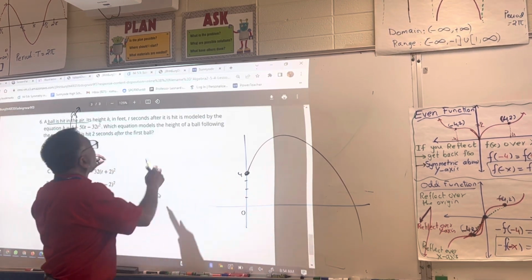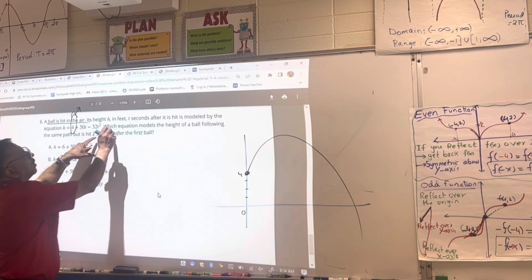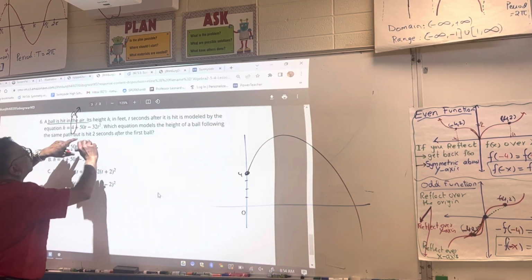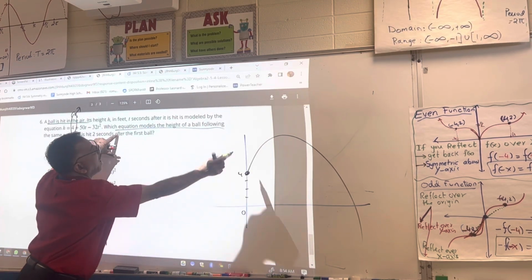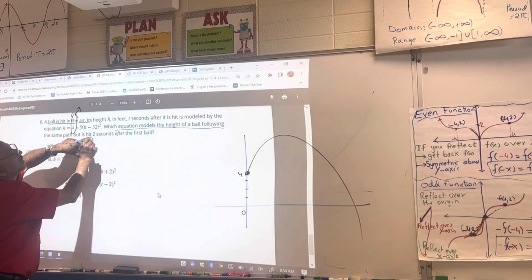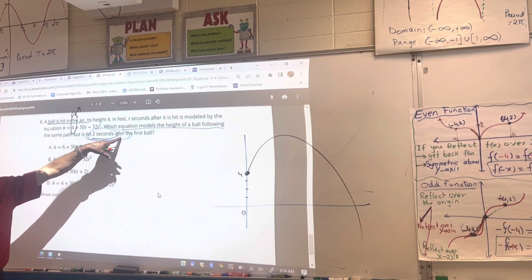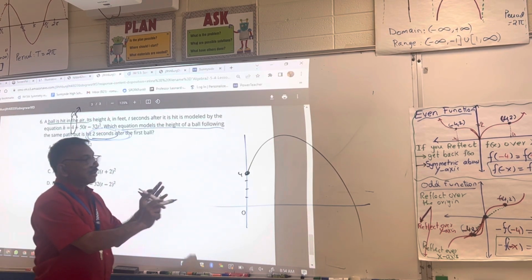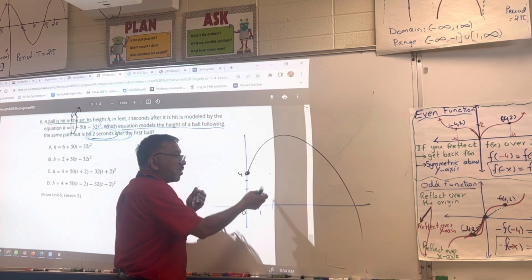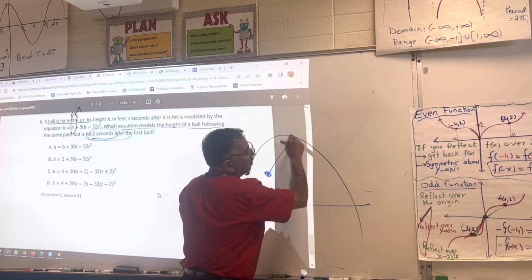So what happens is, this equation is already given to you. Okay, that's given. Which equation models the height of a ball on the same path, but 2 seconds after? So that means after 2 seconds, there is 1 second and 2 seconds. So one more ball is being thrown from this same height. But watch this, it's going to be something like this.